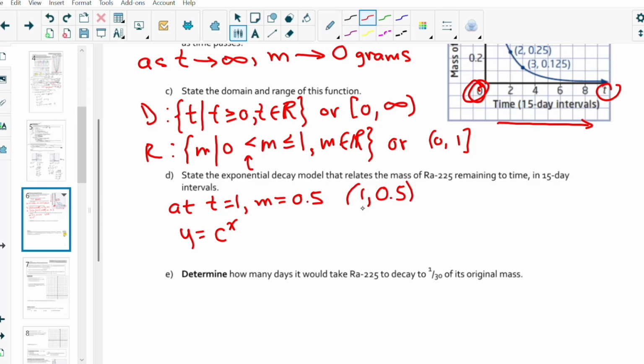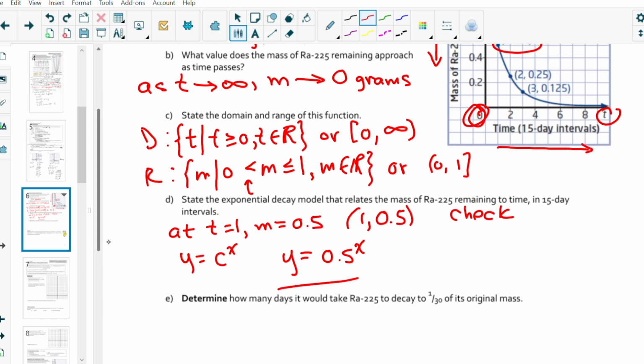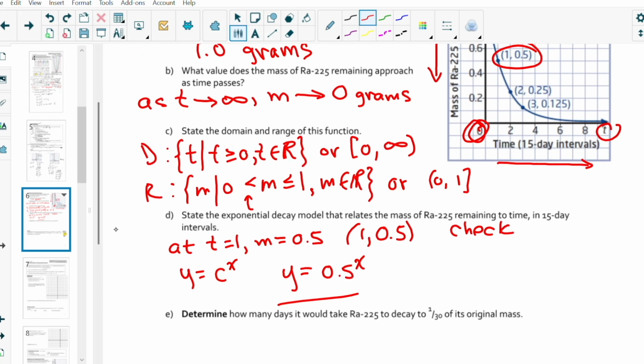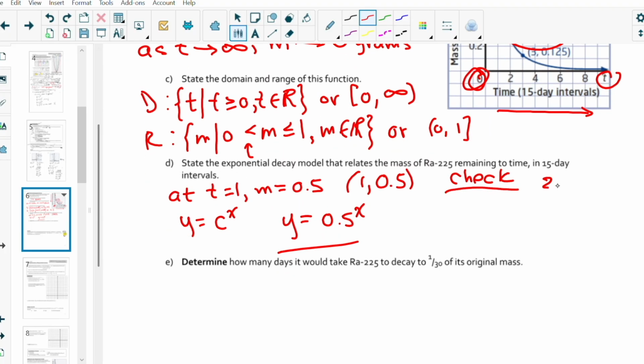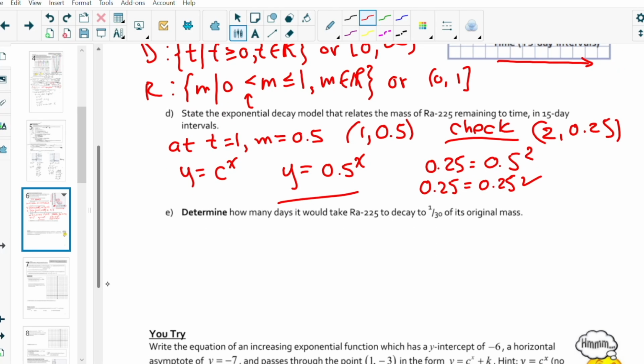So in this case, I have 1, 0.5. So there's my equation. I'm going to check 2 and 0.25. Okay, 0.25 equals 0.5 squared. And yes, indeed, that is true.